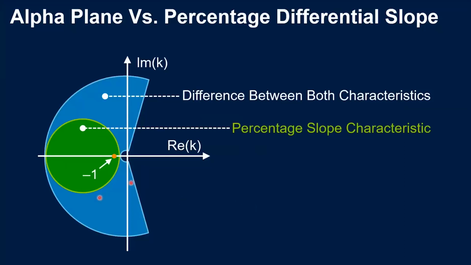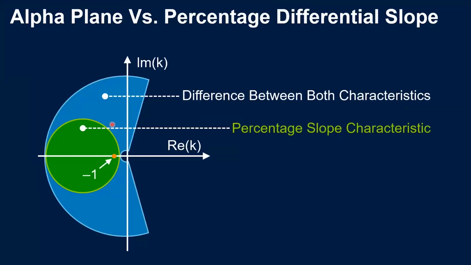There are some parts, at least in this example, that are not covered by the traditional characteristic. So if we have a point here or here, the traditional characteristic will operate. Meanwhile, the alpha plane characteristic will restrain. So we start to see some differences here.